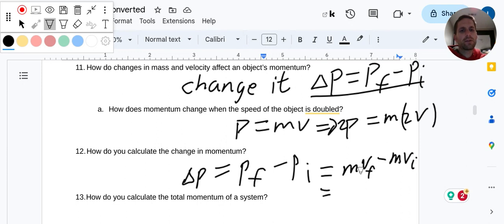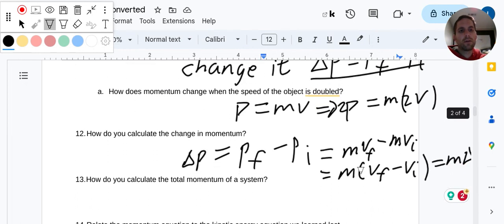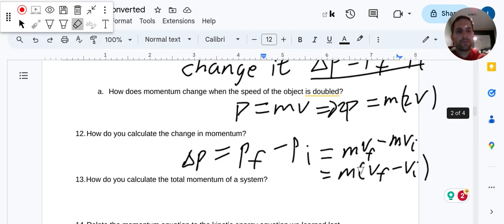So factor out the m: m times (v final minus v initial), or m times change in v. Oops, I ran out of room there. M times change in v.